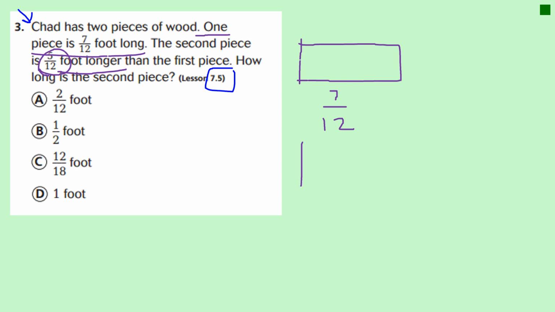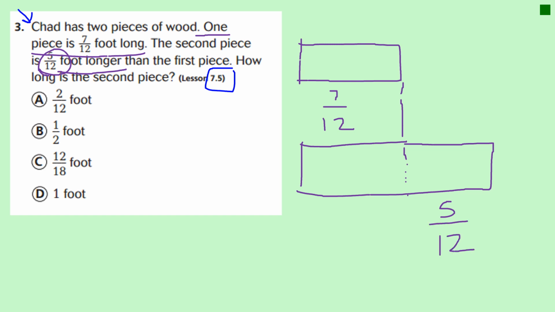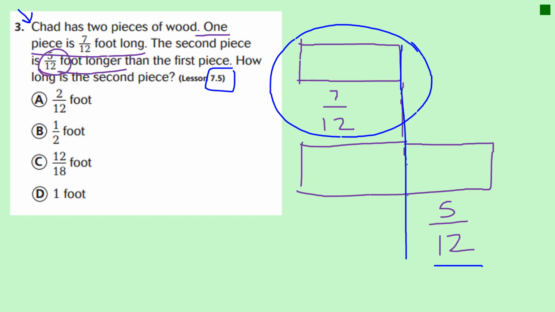So the second piece of wood is 7/12 feet long. It's the same length, and it has another 5/12 added on to it. So the first piece of wood is 7/12. The second piece of wood is 5/12 longer. So it's 7/12 plus another 5/12. The second piece is longer.